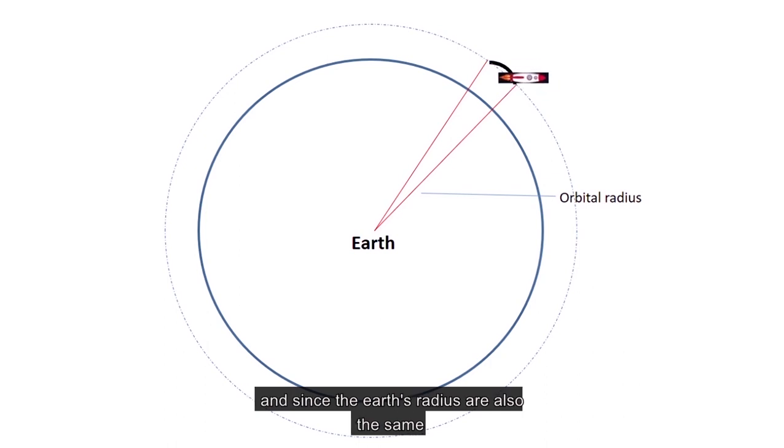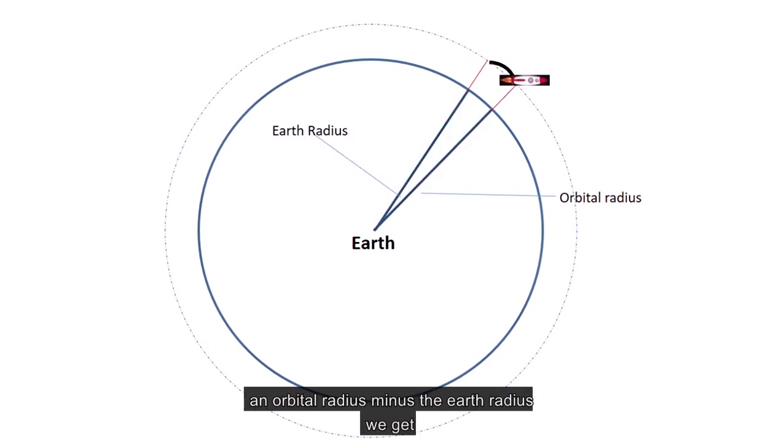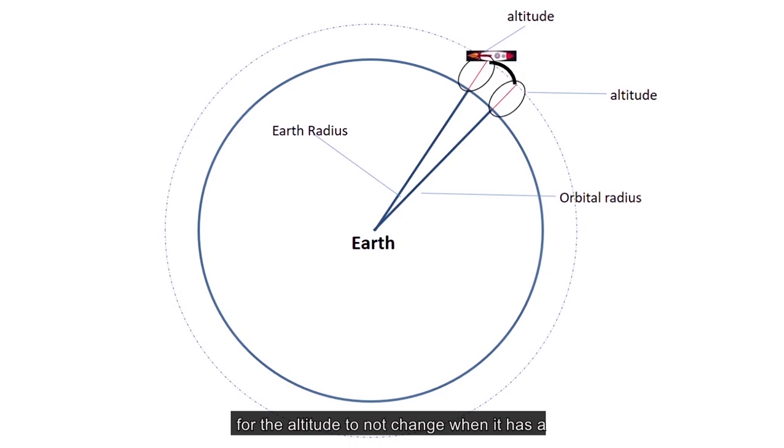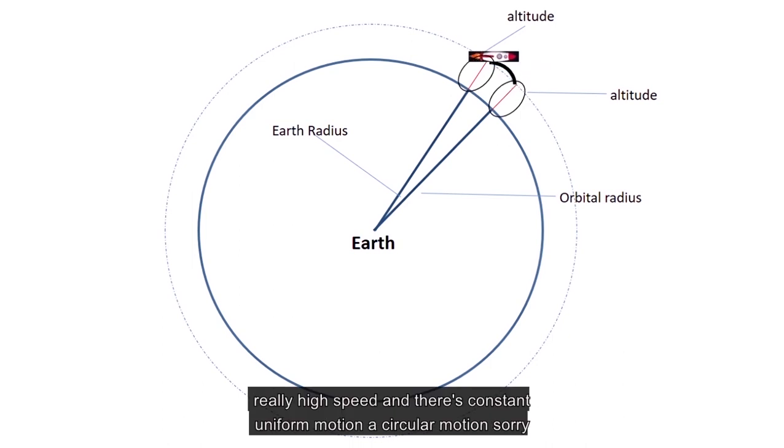And since the Earth radius is also the same, orbital radius minus the Earth radius gives us the same altitude. Okay? So that's why the rocket must be in a circular motion for the altitude to not change when it has a really high speed.